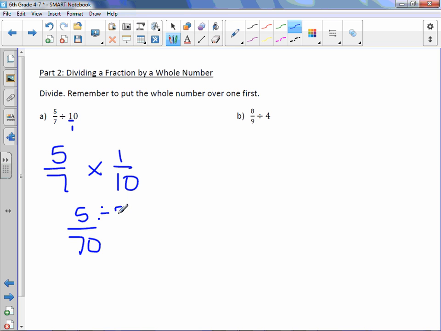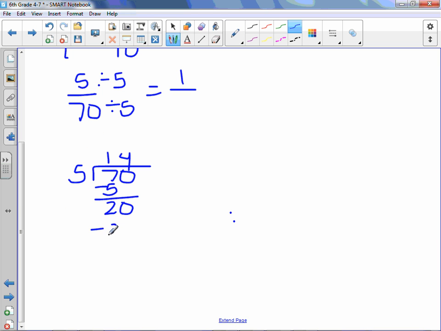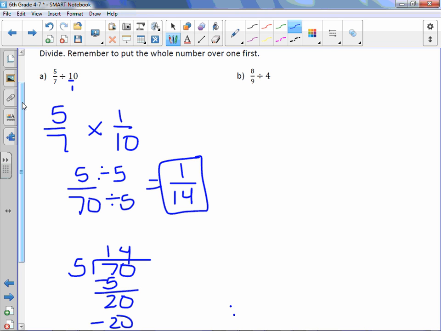This one can be divided by 5. 1 is the numerator. And this one, I don't know what 5 into 70 is. Looks like 14. So this is 1/14, and it cannot be simplified or reduced.